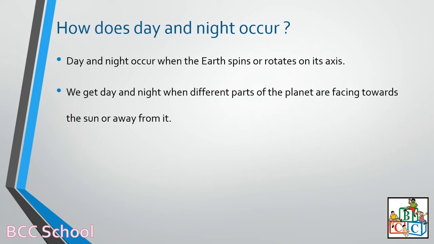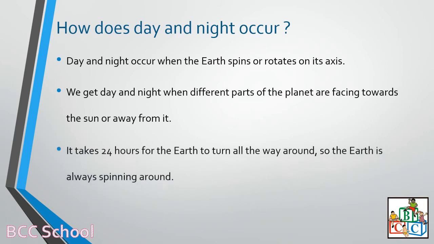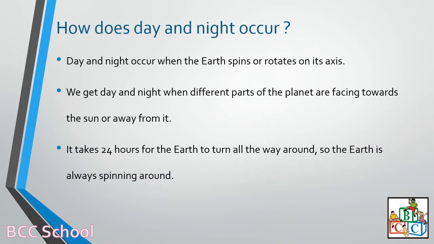If a part of a planet is facing towards the sun, then it is daytime and it is hotter. But when a part of a planet is facing away from the sun, it is cooler and darker. It takes 24 hours for the Earth to turn all the way around. So the Earth is always spinning around.